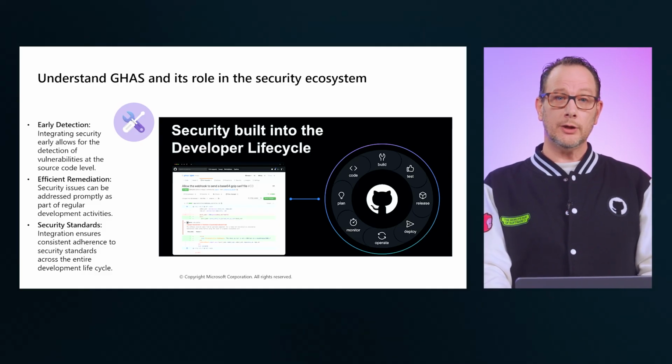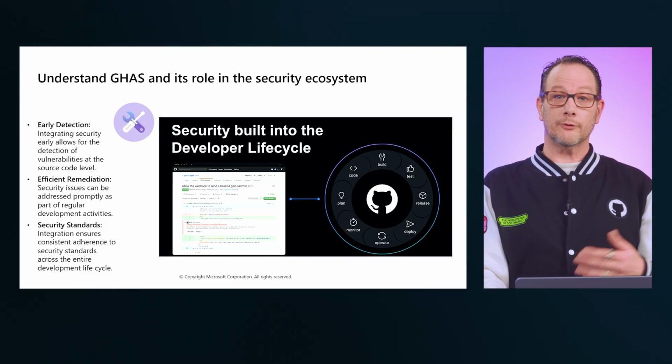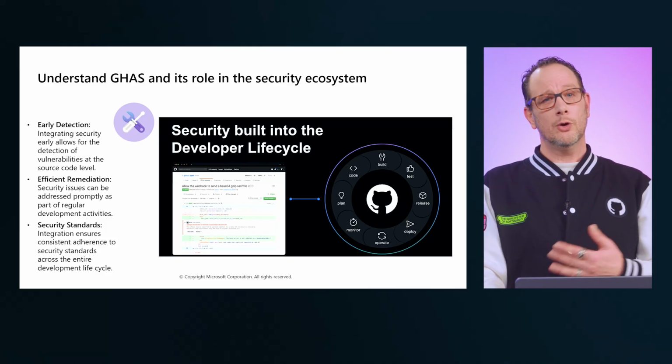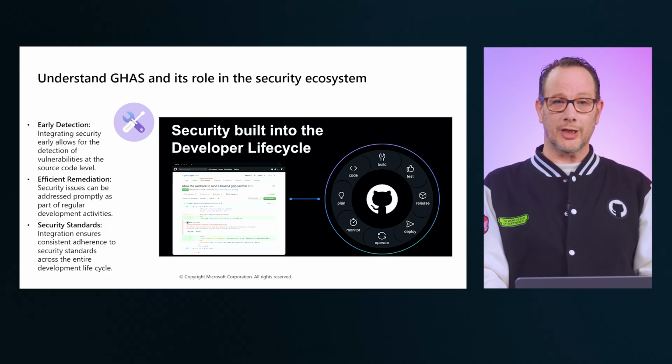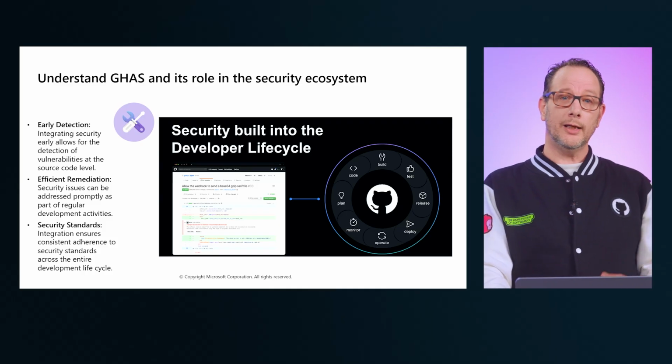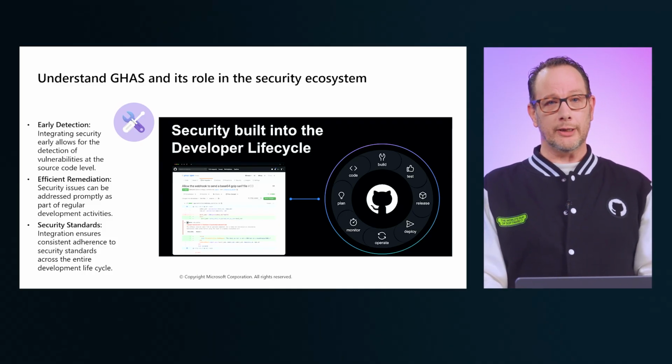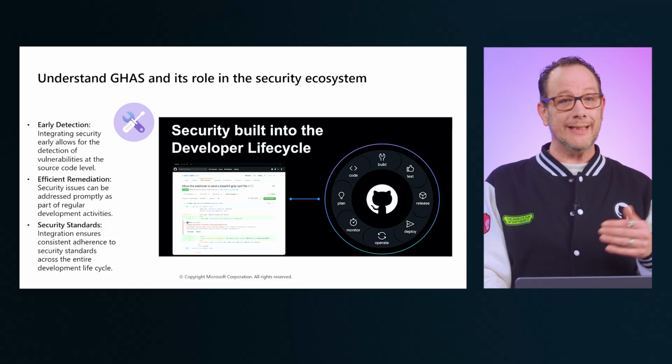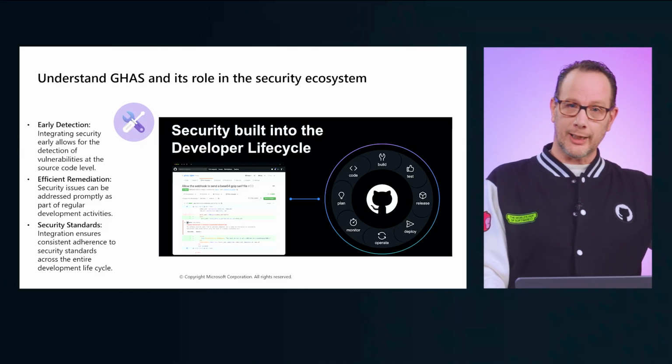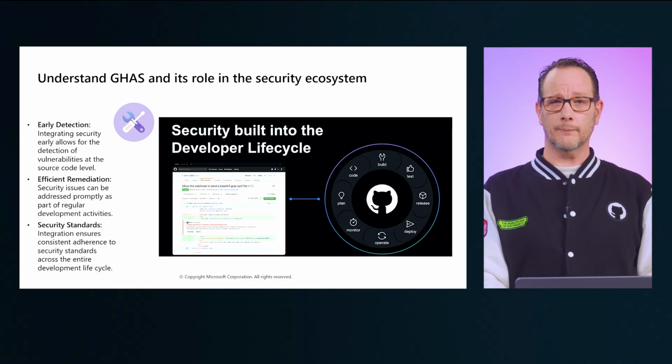It can result in increased time and resources spent on fixing those security issues, which again potentially impacts the project timeline. In today's day and age, it's imperative that we integrate security seamlessly into each and every step of the software development lifecycle.